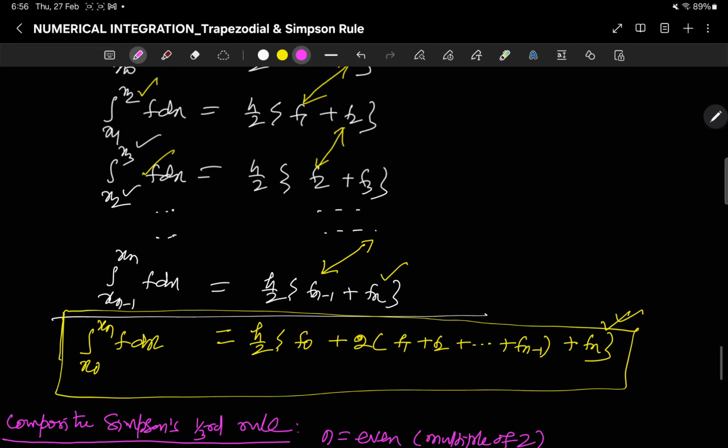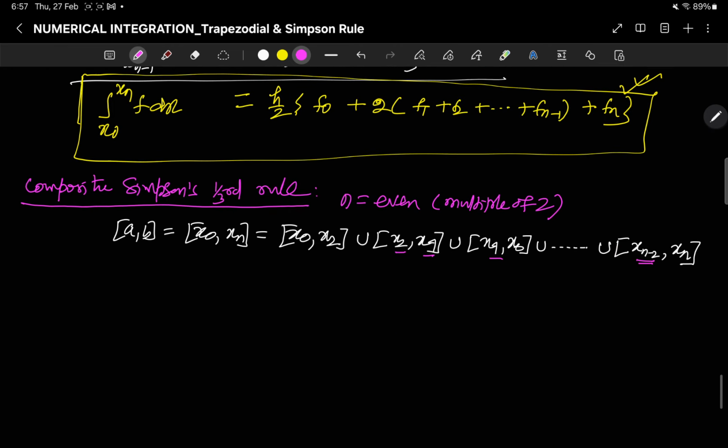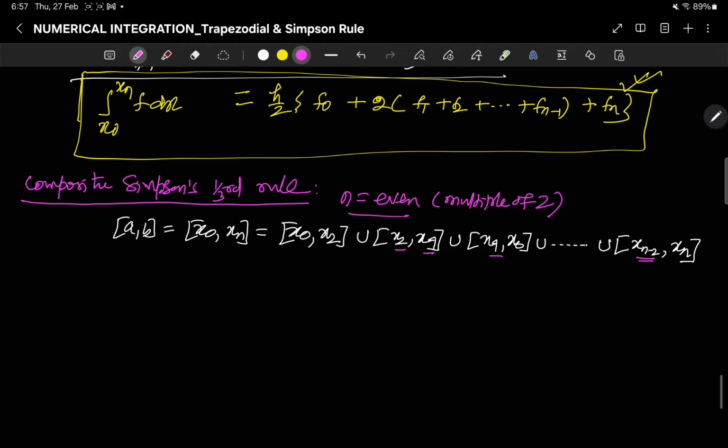But for the trapezoidal rule we don't need that. n may be even or odd, whatever it may be, there is no restriction. But for Simpson's 1/3 rule, we must have n even, most important. Now in individual subintervals we apply Simpson's formula as we did earlier.